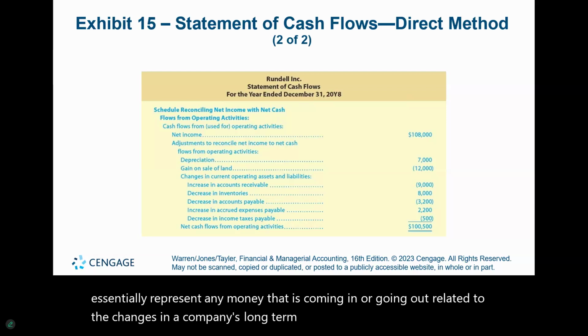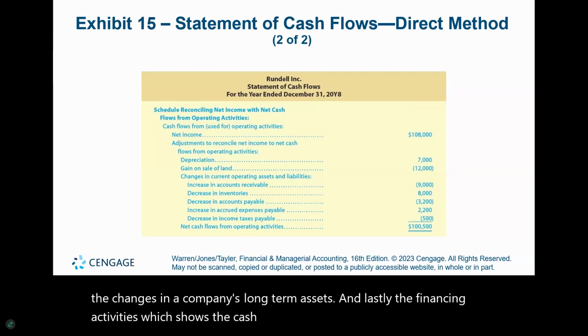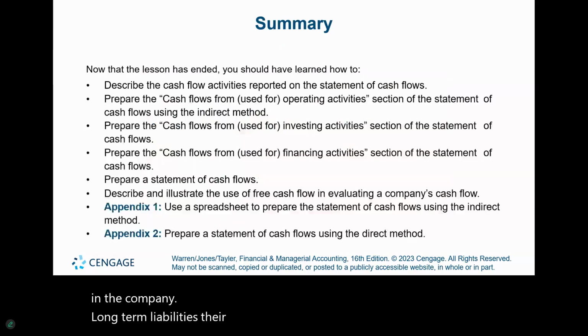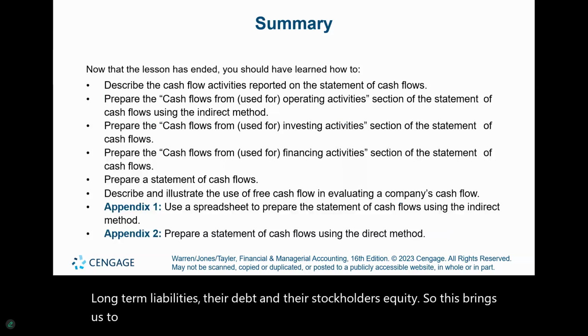And lastly, the financing activities, which show the cash inflows and outflows related to the changes in the company's long-term liabilities, their debt, and their stockholders' equity. So this brings us to the end of chapter 13, statement of cash flows.